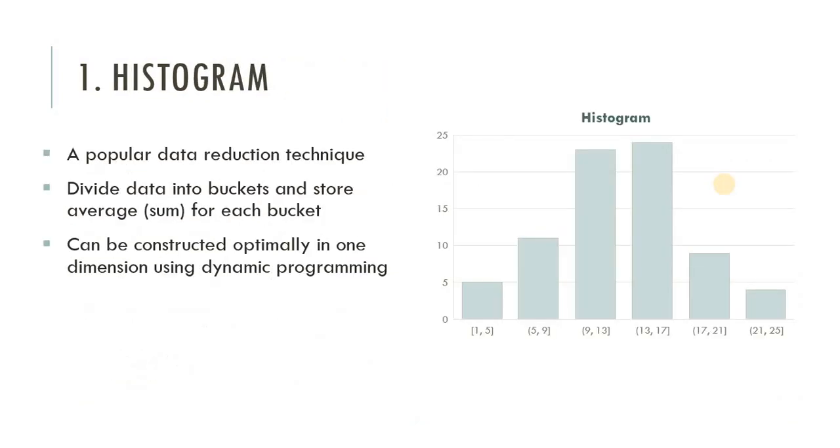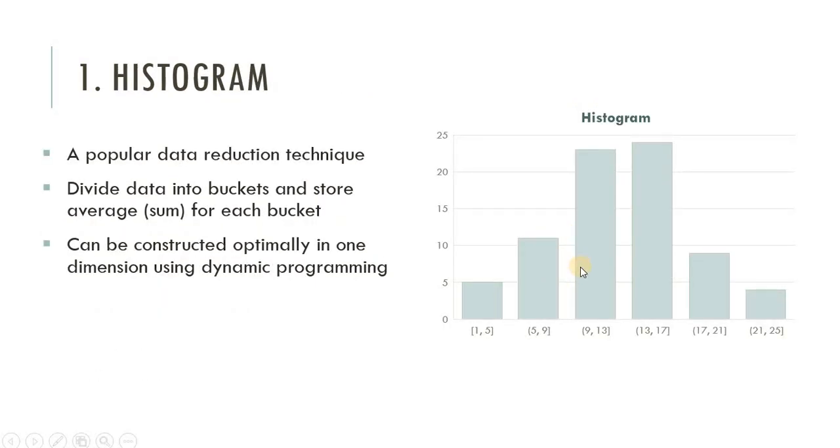First, let's move on to the figure of the histogram. A histogram for an attribute A partitions the data distribution of A into disjoint subsets. Here we have data and we are partitioning it into subsets. These subsets are referred to as buckets or bins.